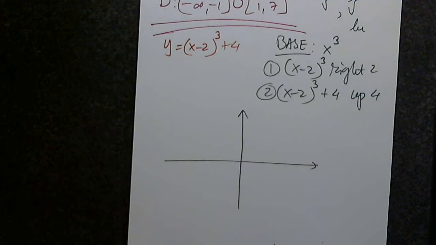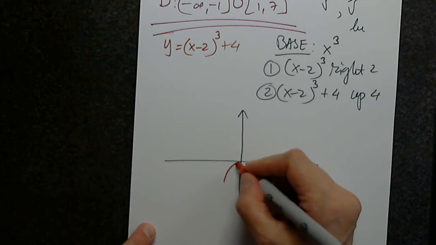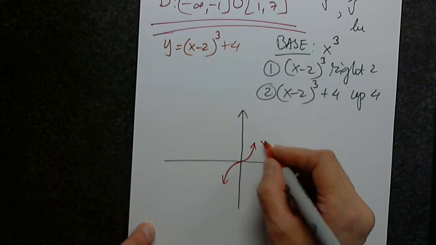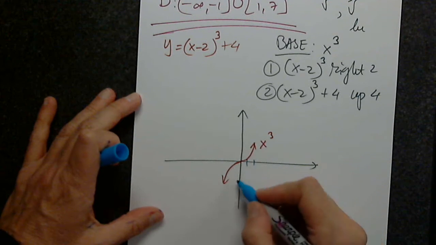We have to remember the graph of x cubed. There are many graphs that I have to refresh your memory on. So this is roughly x cubed. And we have to shift it 2 units to the right to create the graph of (x minus 2) cubed.